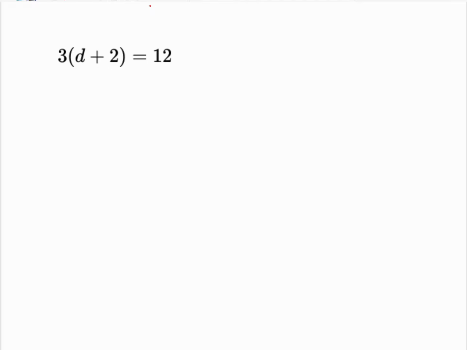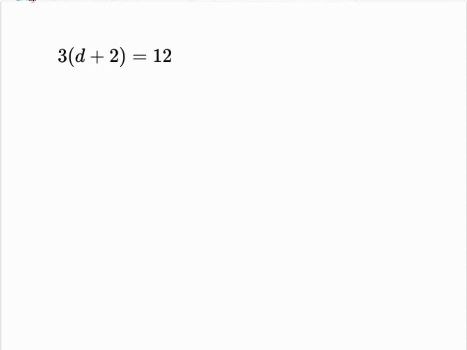So we'll start off with an equation like this: 3 times the quantity of d plus 2 equals 12. And you know order of operations. Order of operations tells us that we have to do parentheses first. But when I have a letter plus a number inside the parentheses, that doesn't really work. I can't add those two together.